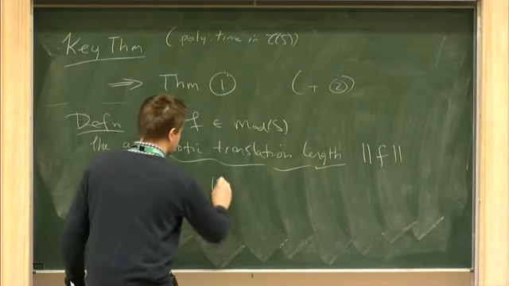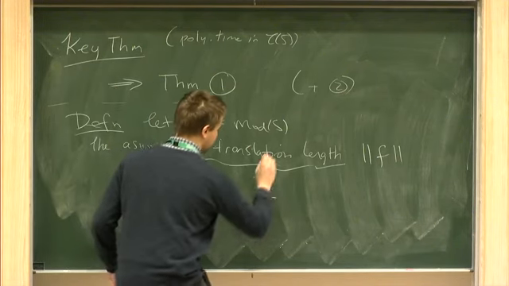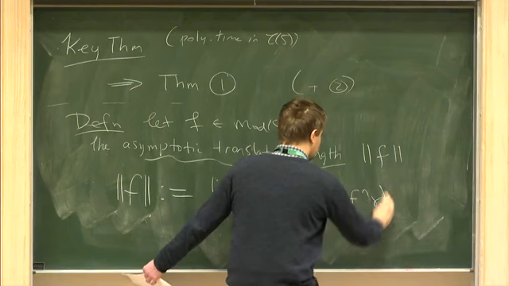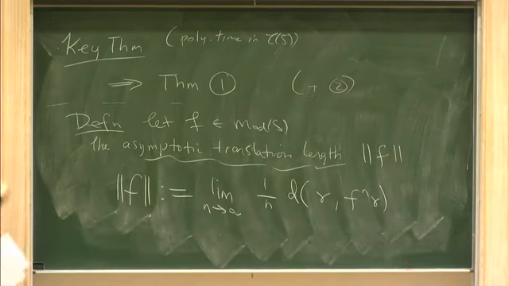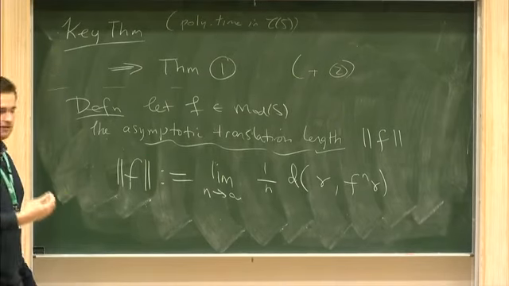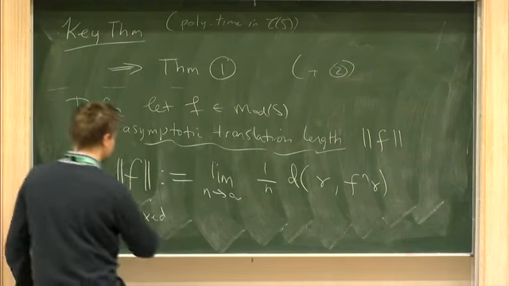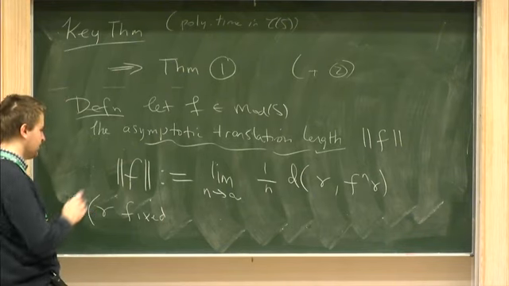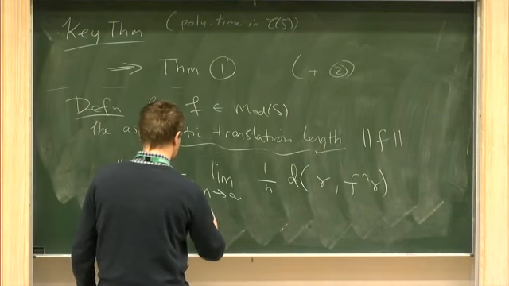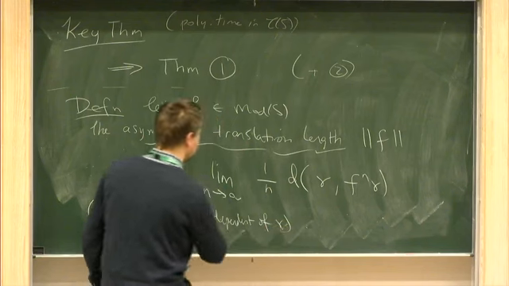You take the limit as n tends to infinity of 1 over n times the distance between gamma and the nth iterate of f acting on gamma, where gamma is a fixed vertex of the curve graph, and in fact the choice will be independent.